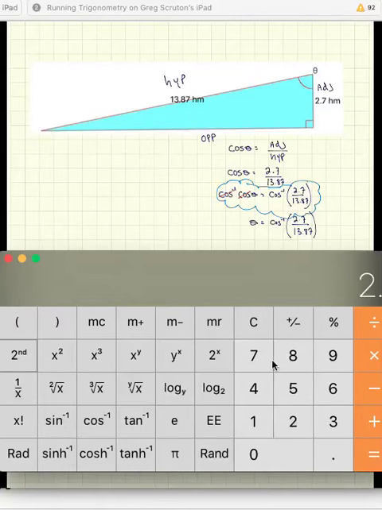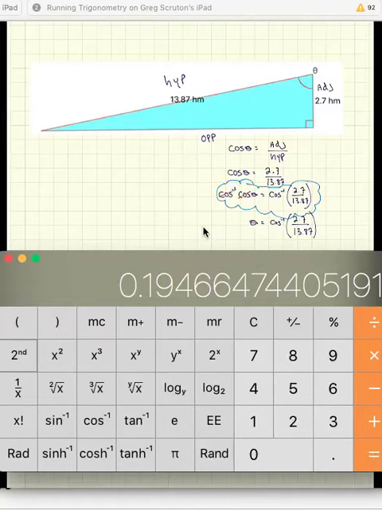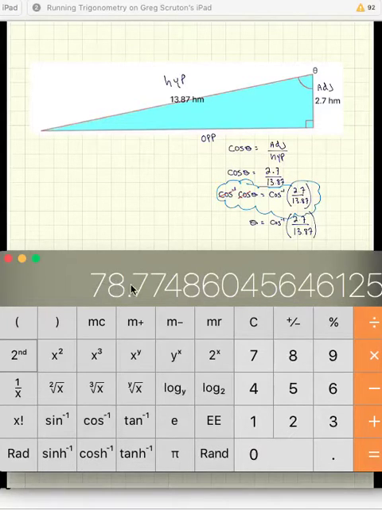So 2.7 divided by 13.87 is equal to, and then we use our inverse cos right here. That gives us 78.77 degrees. Doesn't that look like 78 degrees, 79 degrees?